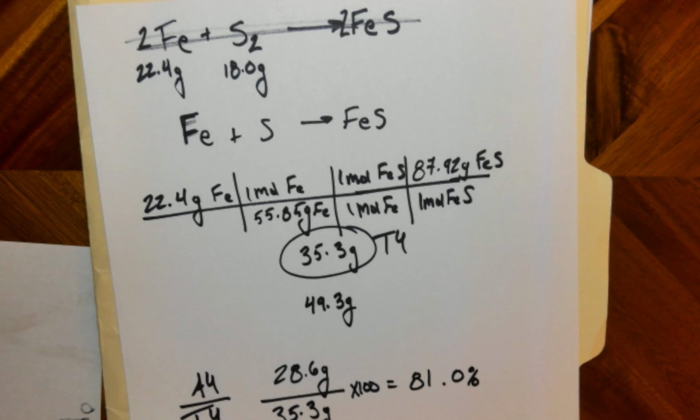Now you've seen a bunch of problems like that. That should be pretty straightforward. Now we've got one that's a little bit more complicated. All right, so let's look at part 3, question B on the next page here.